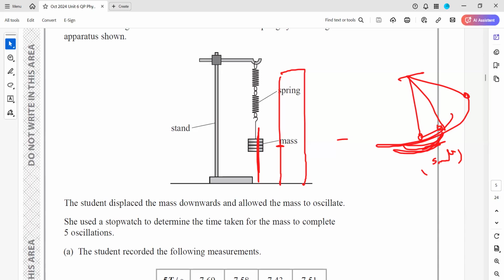So we should place a marker behind this to identify the mean and the extreme positions. We should always have a small displacement and reset the stopwatch. Is it clear?